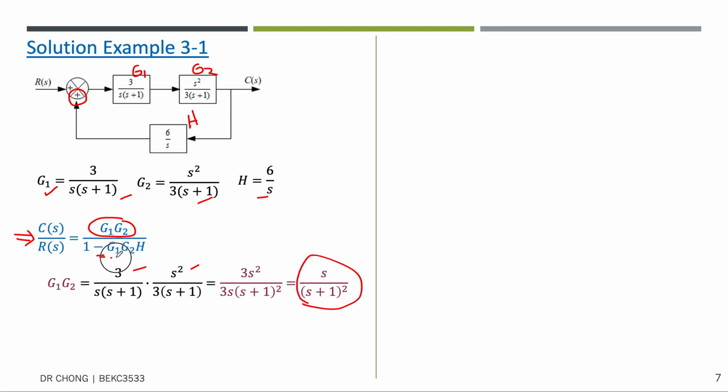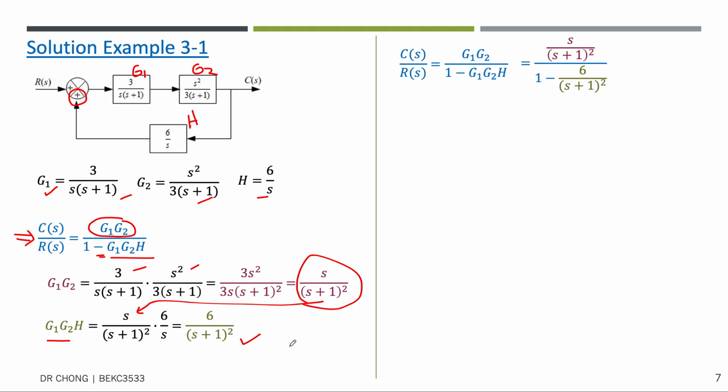Next, we try to get G1 G2 H. G1 G2 we already have here, then 6 over S is the H, then lastly you get this. So C over R is this, and then you solve it mathematically and finally you get your results.